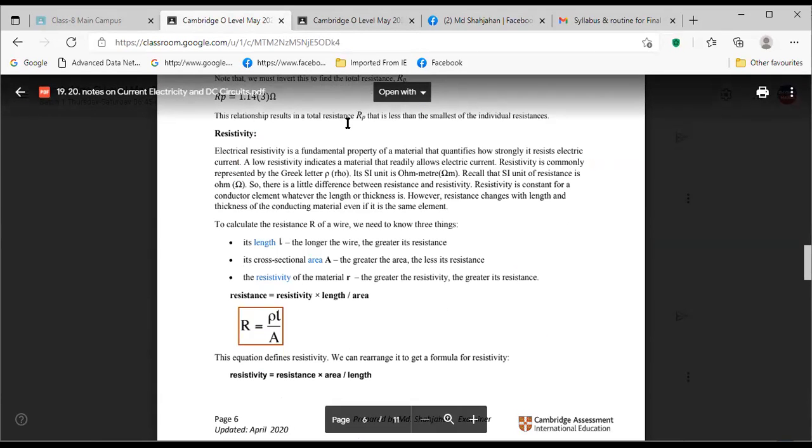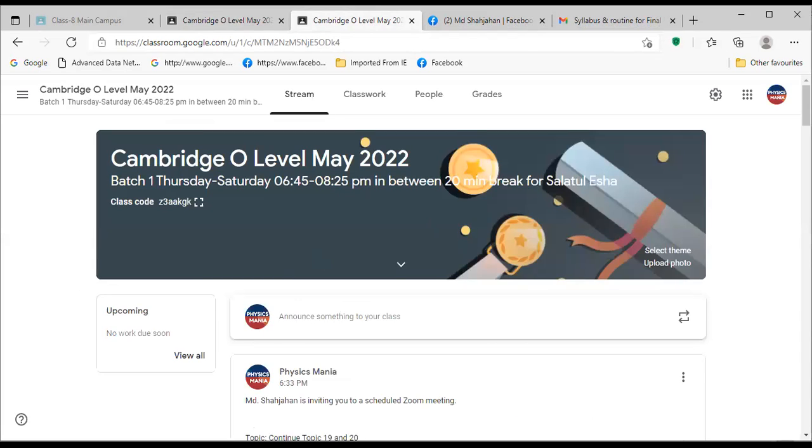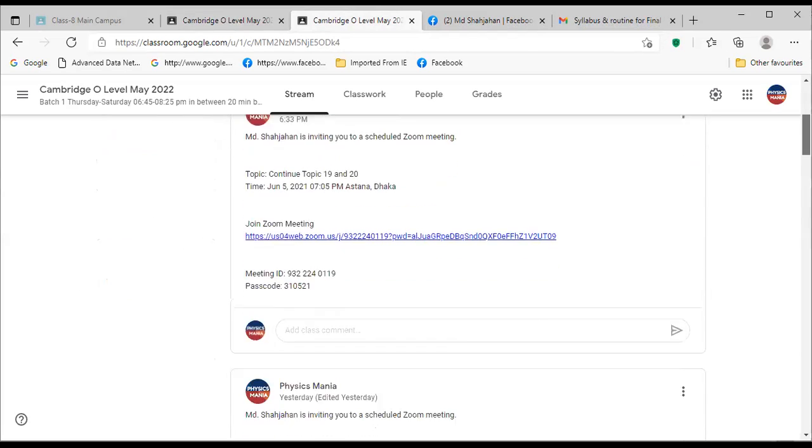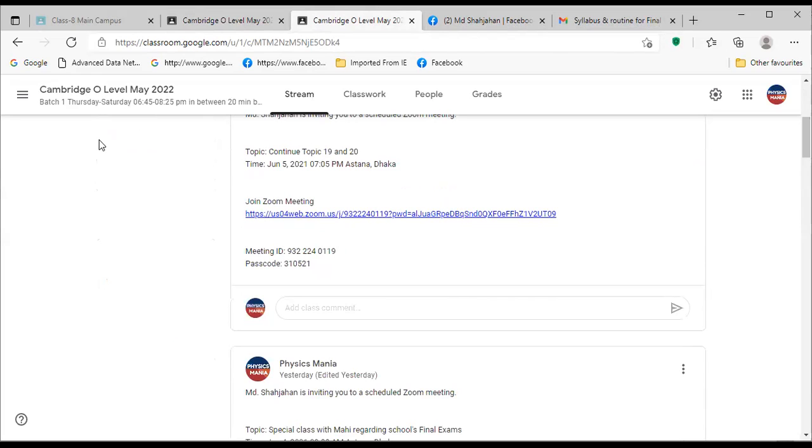Then you'll understand it more. You write the heading resistivity.